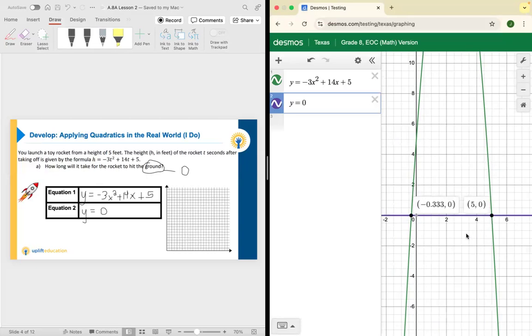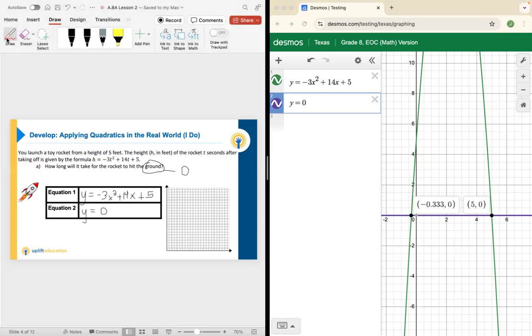Let's think about this in a real world context. Even though we see two solutions right here, if something was to hit the ground, it cannot be negative, right? Negative would be going underneath the ground. And in this case, we're not talking about diving into some water or anything like that. We're talking about something simply going back to the ground.